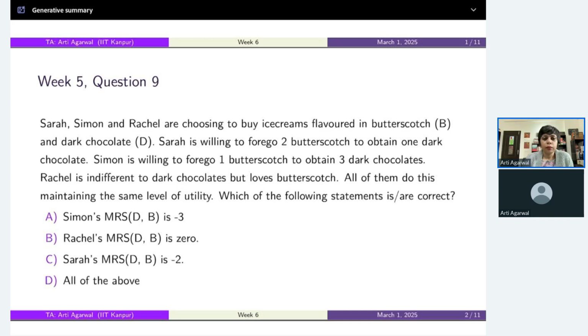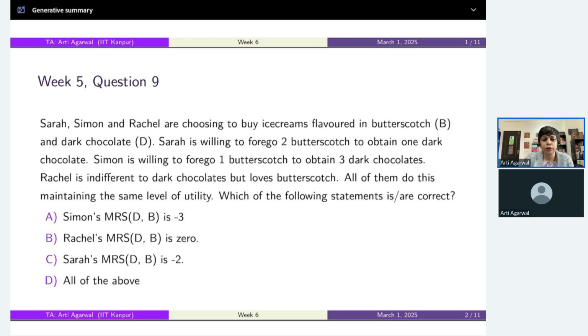We are given some information about how much each person is willing to trade butterscotch for dark chocolate. You could frame it the other way around, but this is just how the problem is currently set up. If you change the whole thing and change one from X to Y, the logical reasoning will still be the same.